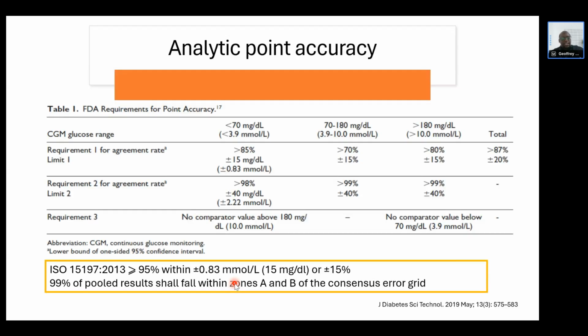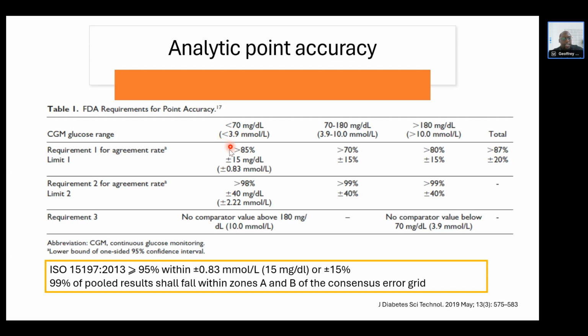So there is at least some advancement in terms of acceptance criteria when you're looking at analytic point accuracy. In 2018, the US FDA published minimum requirements that need to be achieved by a continuous glucose meter. And they are very similar to what is used for blood glucose meters.